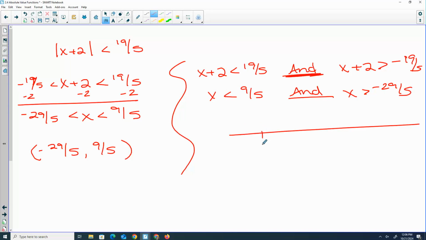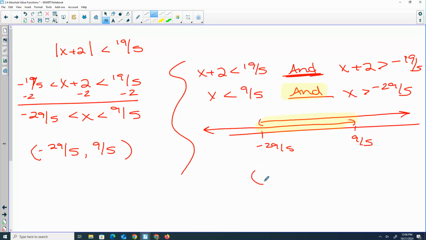If you think about what this means on a number line, 9/5 is going this way, greater than -29/5 is going this way. Because it is and, you want the overlap, the part that got shaded by both of them. And so you get the same thing, -29/5 to 9/5. You can take either option on those.